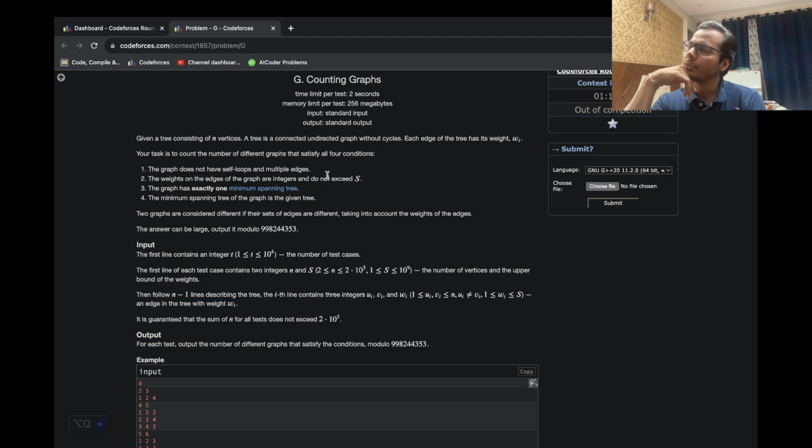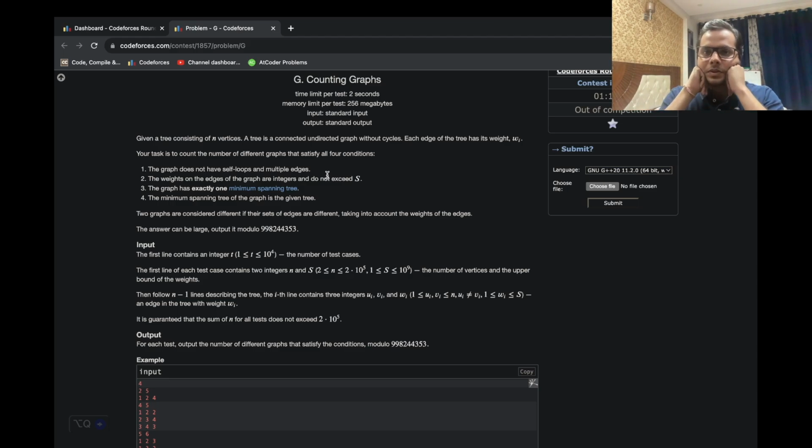And what if we have more than one cycle? If we have more than one cycle, we have the liberty to remove two edges, okay. And if we have the liberty to remove two edges, then that means that the number of MSTs is also 2, right?